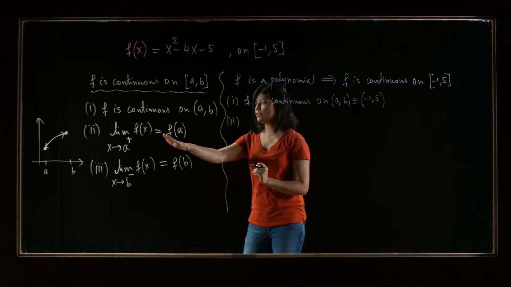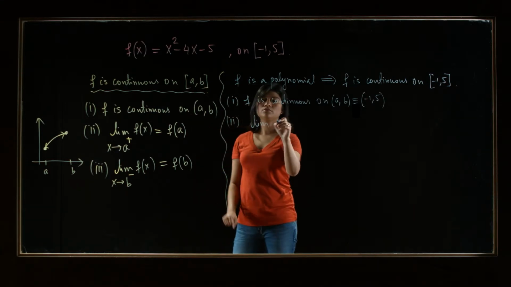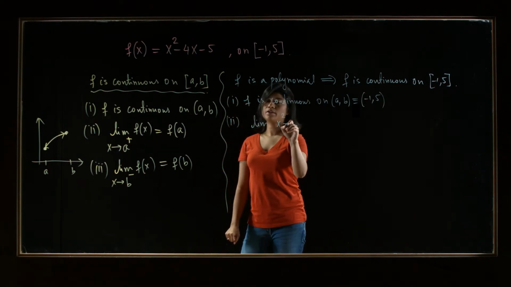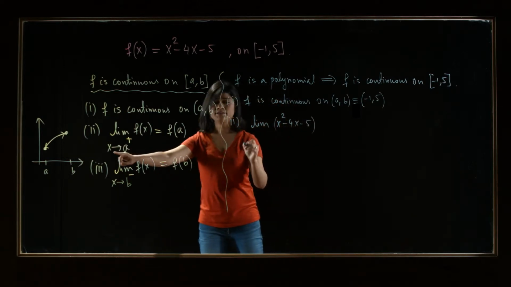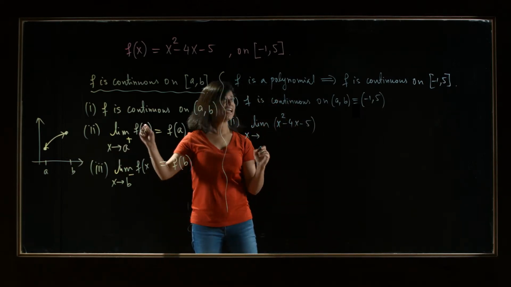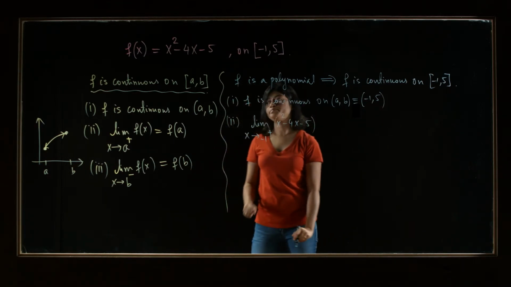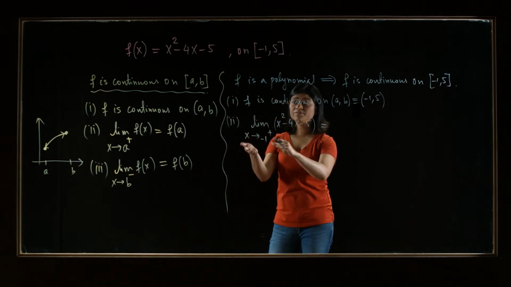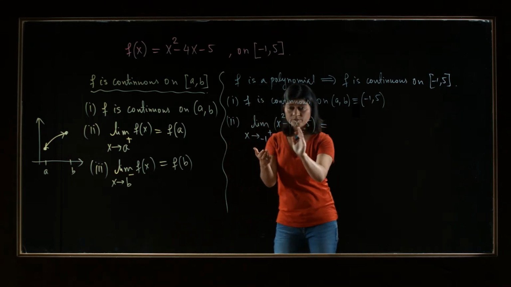Next, check the limit. Let's see what happens to the limit of our function, x squared minus 4x minus 5, as x is approaching the left end point, which is -1, from the right side. So how do we evaluate this limit? Notice that this is a polynomial function.